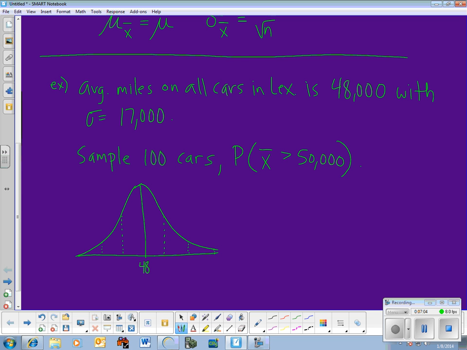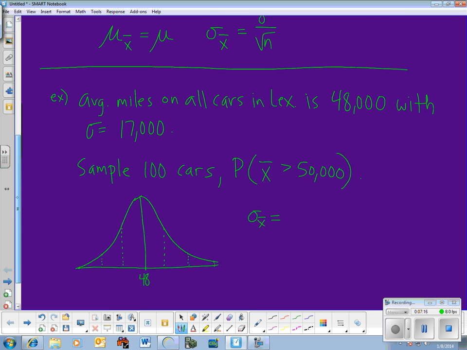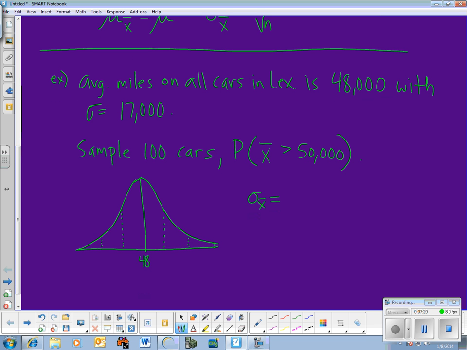So the one formula that matters is the new standard deviation. This is the distribution of x bar on my graph, and the standard deviation of this distribution is the population standard deviation divided by the square root of the sample size.